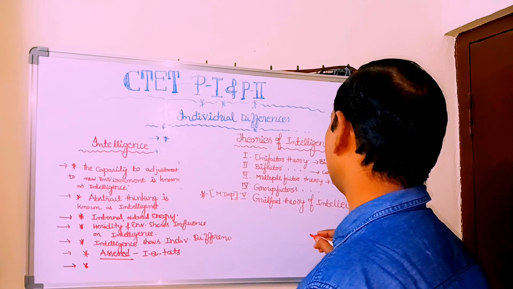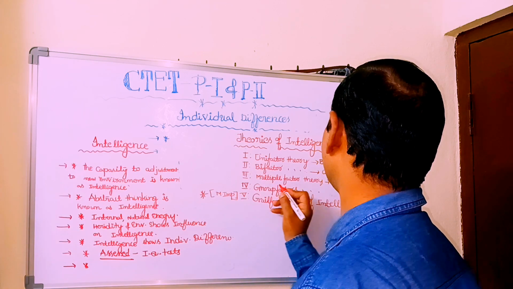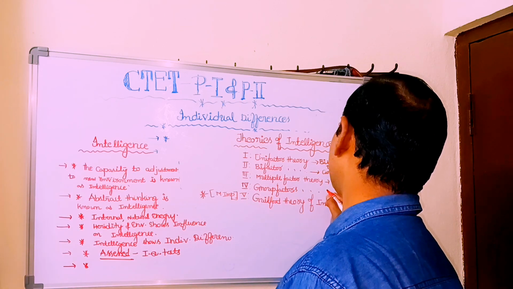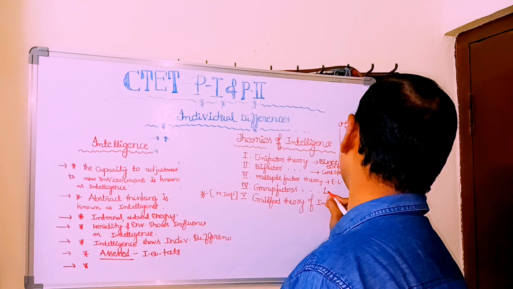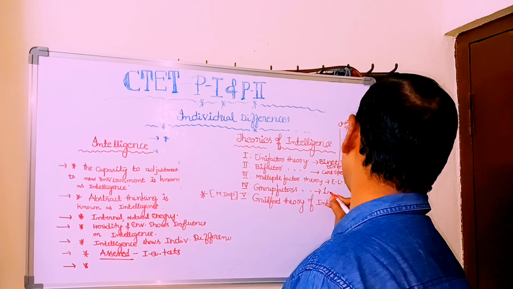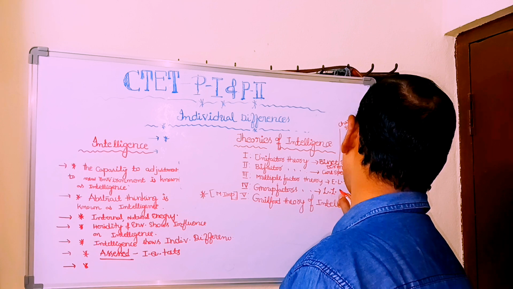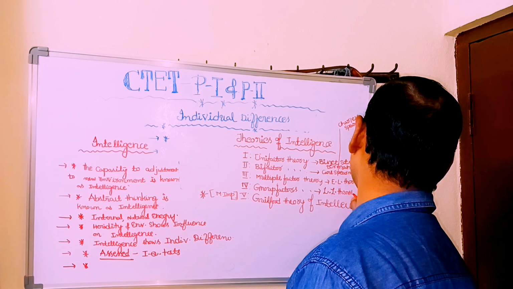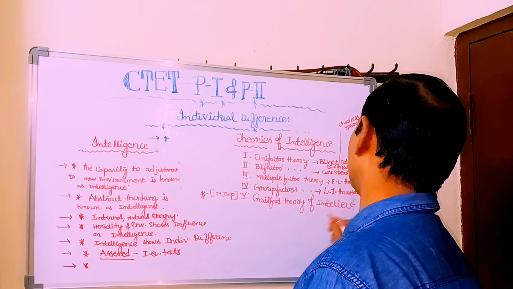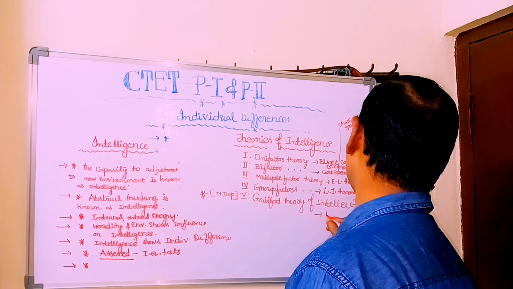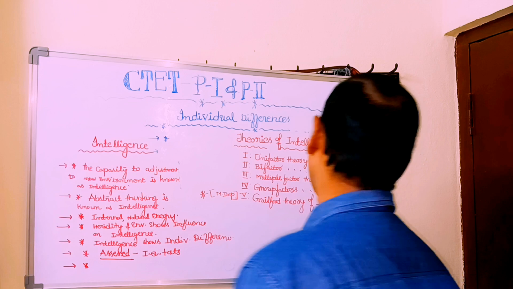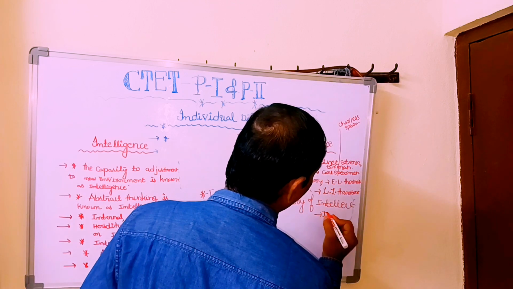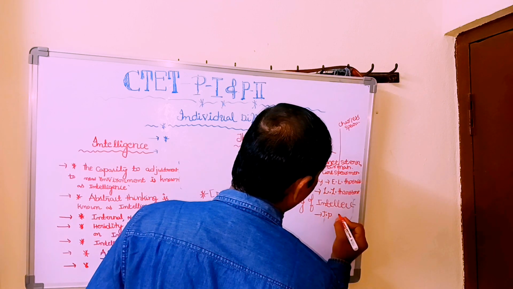And group factor theory was introduced by L.L. Thurston. Guilford theory of intellect was introduced by J.P. Guilford.